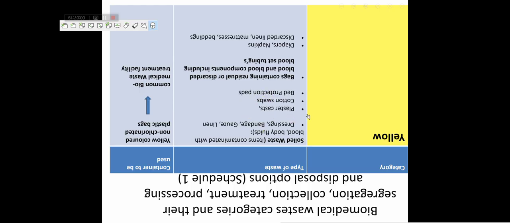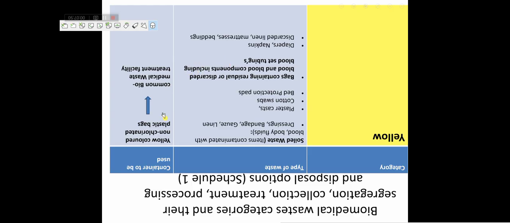These bags will also contain residual or discarded blood and blood components, including blood set tubings, right? And here diapers, napkins, discarded linen, mattress, beddings. So these types of waste will be kept in the yellow bags.